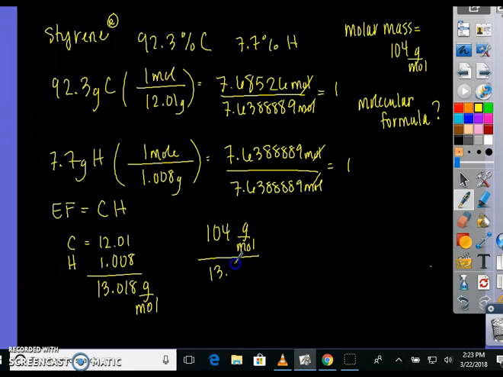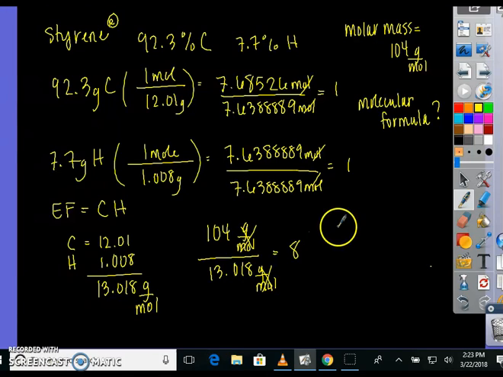If you flip it around the other way, you're going to get a fraction. And these, of course, give a dimensionless number. When I say 104 divided by 13.018, I get 8. So when you work the magic, you get 8.